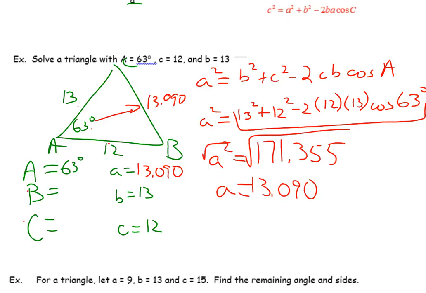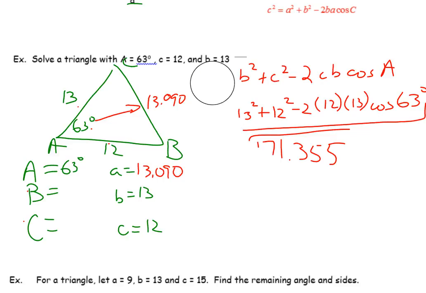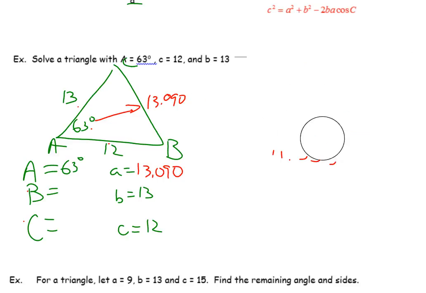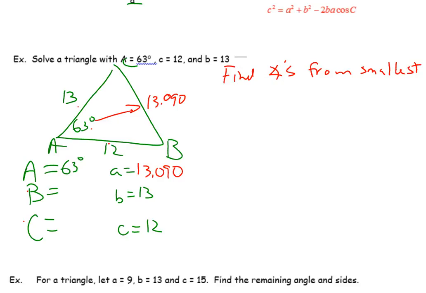Now, to find these two angles, it's important that you do this. Ladies and gentlemen, to find the two missing angles, this is the order in which you must find them. You always find your angles from smallest to largest.